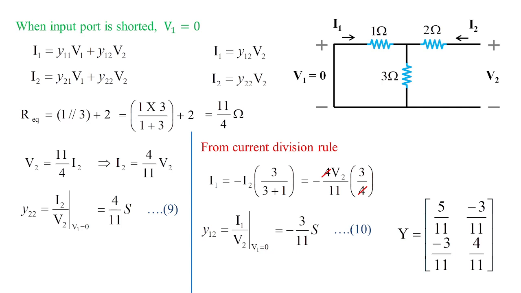So this is how you cross check your result. I hope you understood this approach as well as the previous approach, and you can compare the techniques, and hence you can formulate Y parameters in a shortcut way as well as in a natural way.